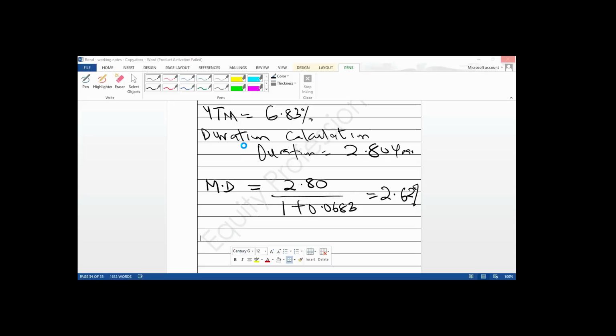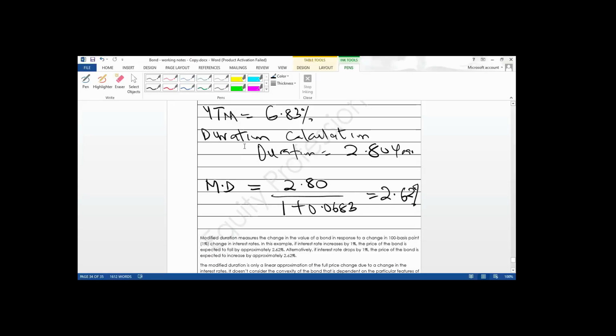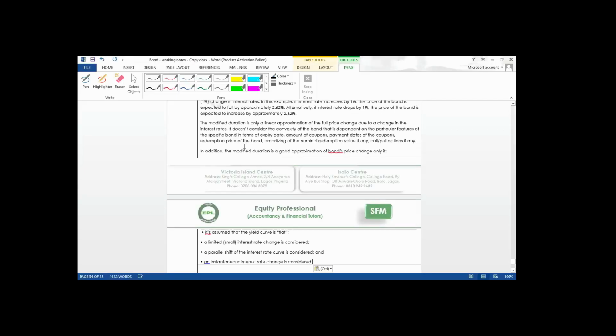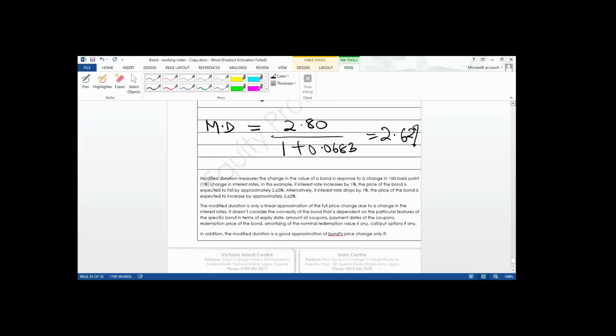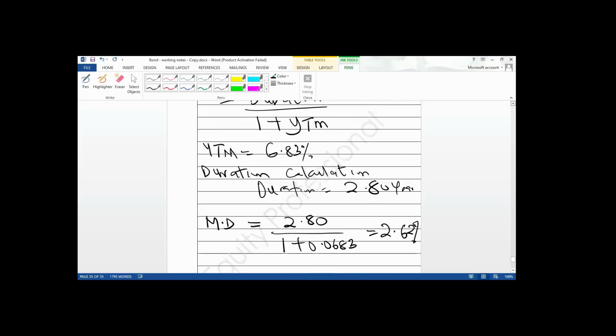That is, if market interest rates increase by 1%, the value of the bond will fall by 2.62%.